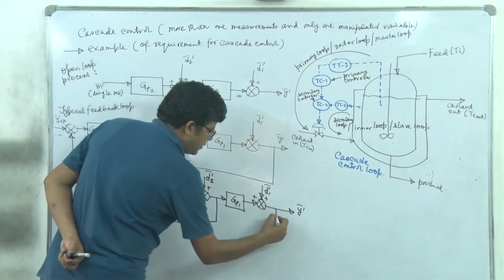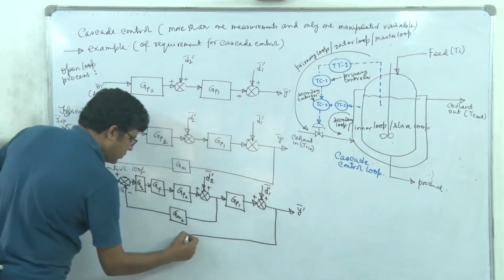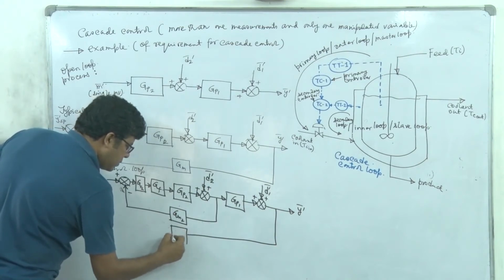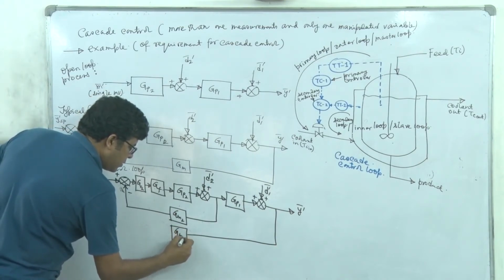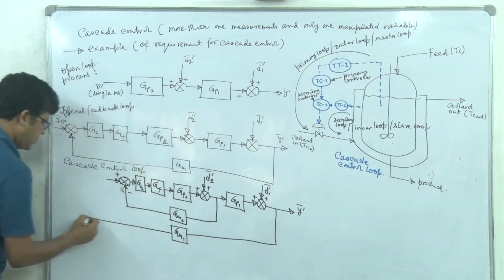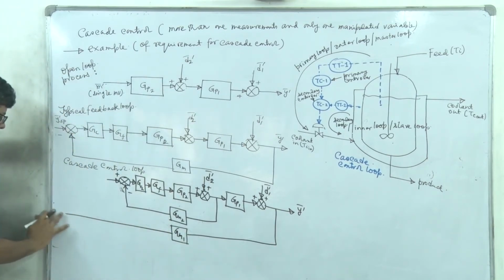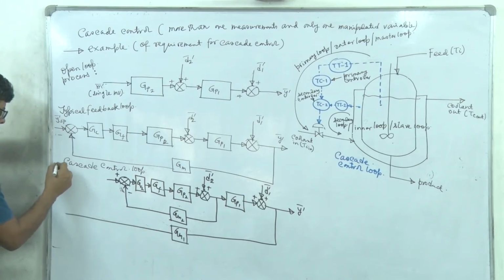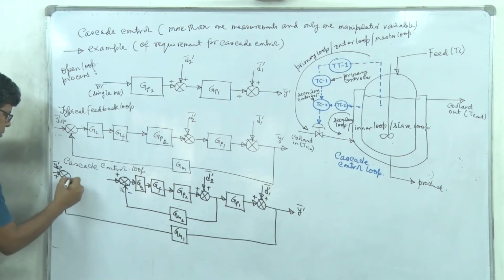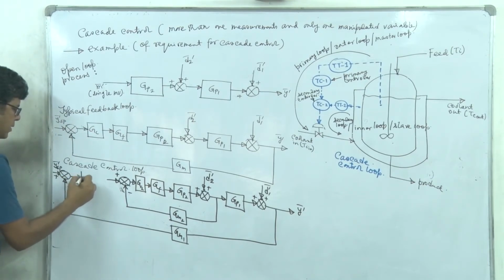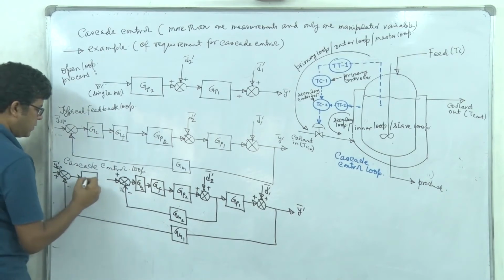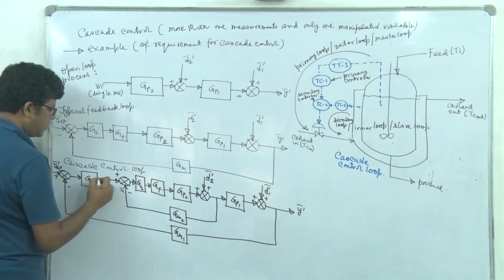And here we go for the primary loop, and here we will attach the primary controller.